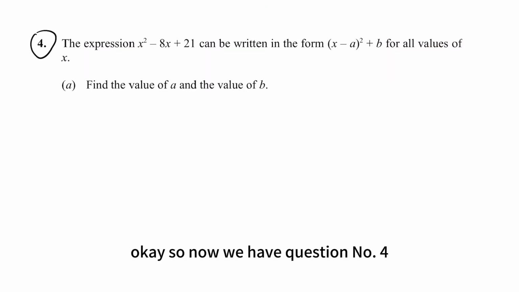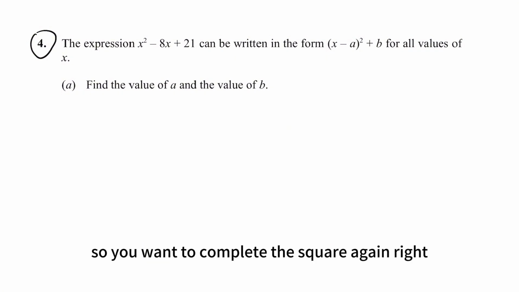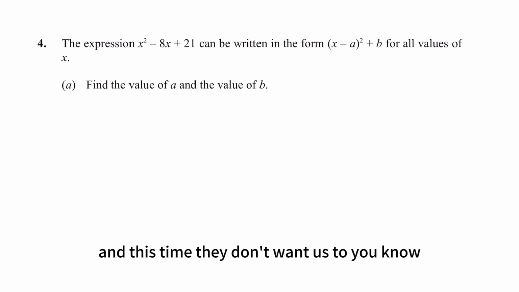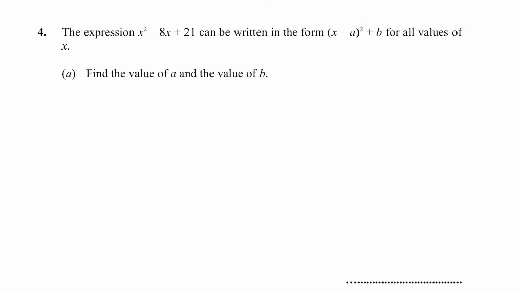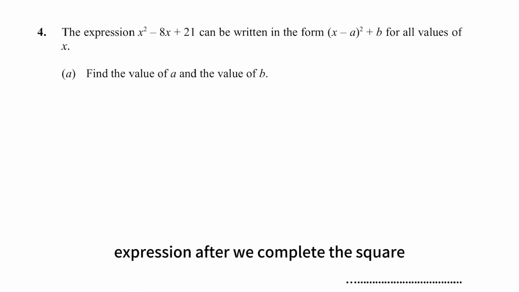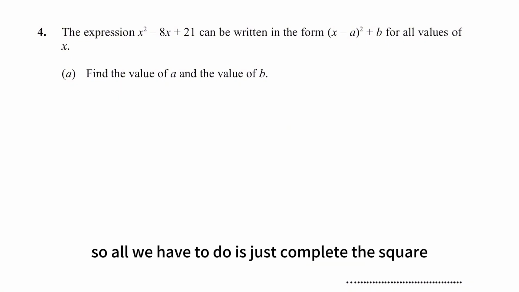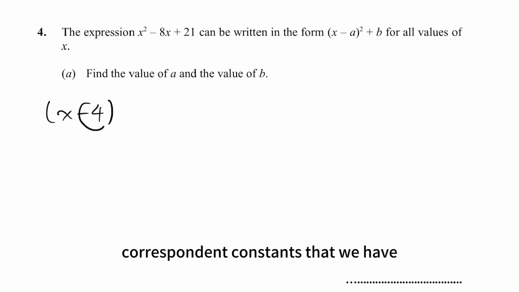Okay, so now we have question number 4. You want to complete the square again, right? This time, they don't want us to just find the expression after completing the square. They want us to find the actual a and b. So all we have to do is complete the square and then find the corresponding constants that we have.